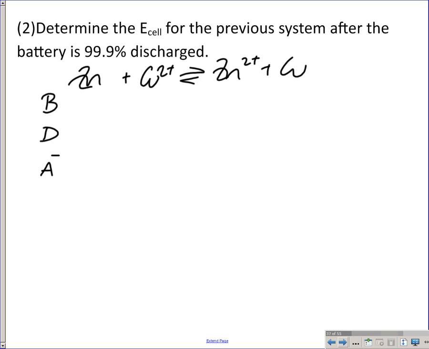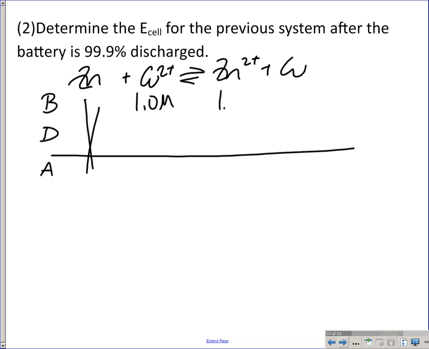Before the reaction occurs, we always start at standard conditions. We always start at 1 molar. Solids don't matter. Before the reaction occurs, we start with 1 molar and 1 molar. That's a normal galvanic cell. 99.9% of this has disappeared.